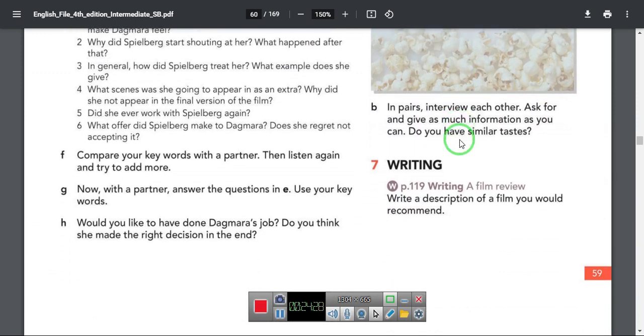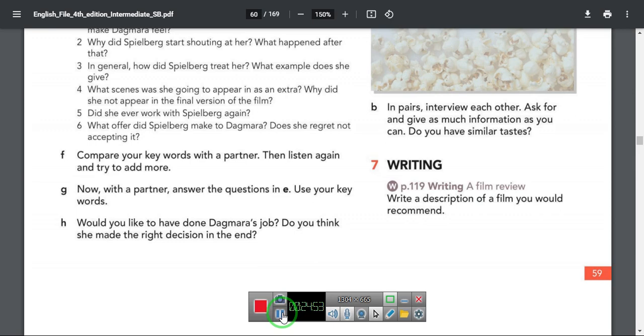And the last assignment here is writing a film review. Write a description of a film you would recommend. Итак, здесь есть часть письменная. Будете писать ревью на киношечку. Let's go to 119 and see the instructions.